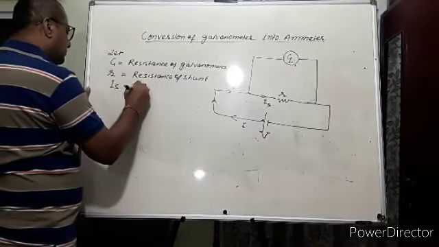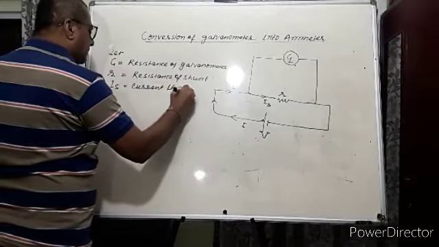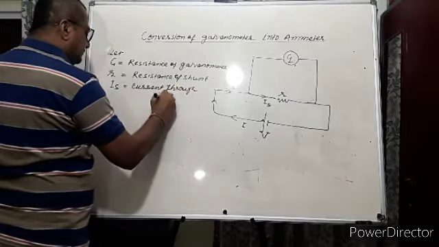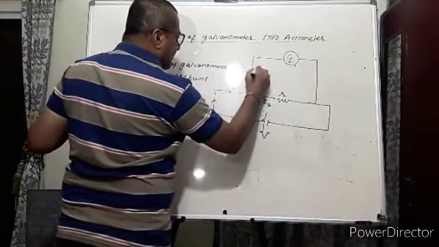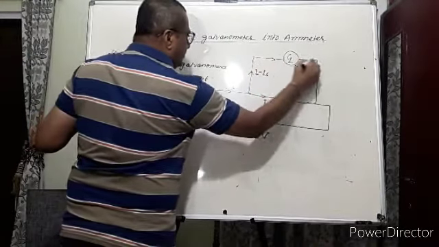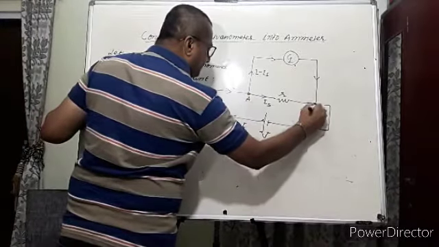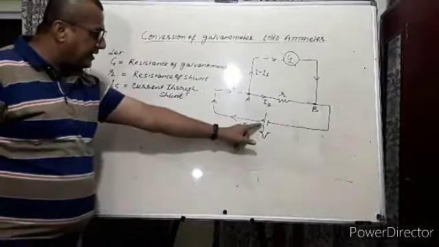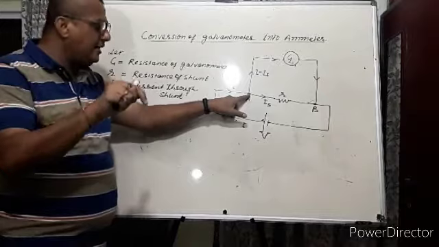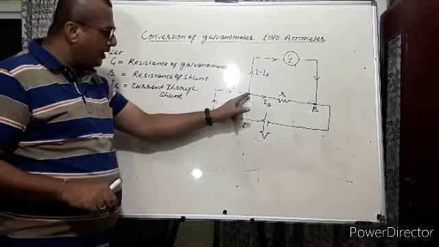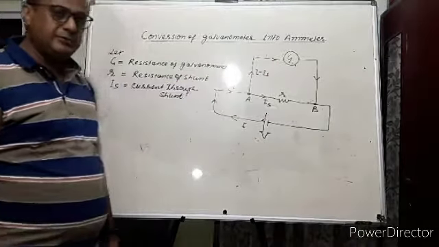Then I minus IS, the remaining current, will pass through the galvanometer. This is point A, this is point B. The total current I coming from the battery divides at point A into two parts, one through the shunt and the other through the galvanometer.